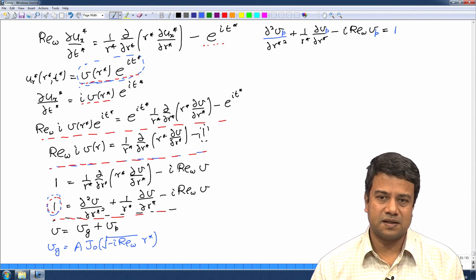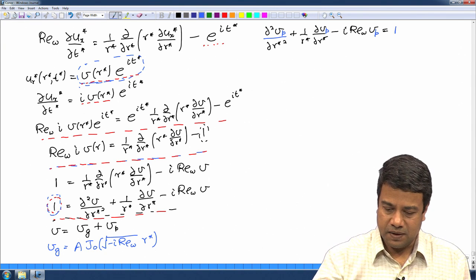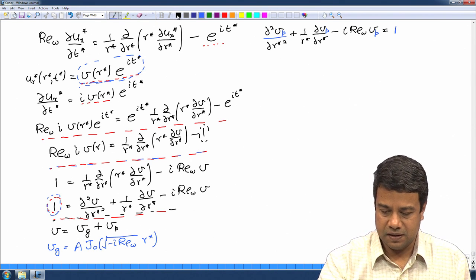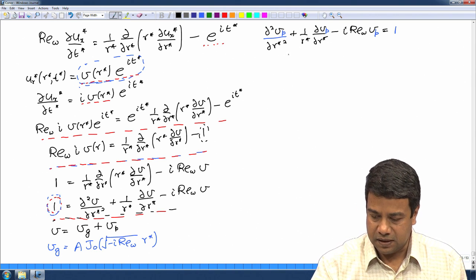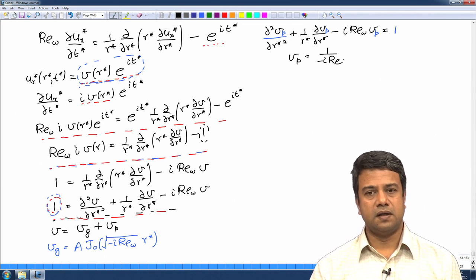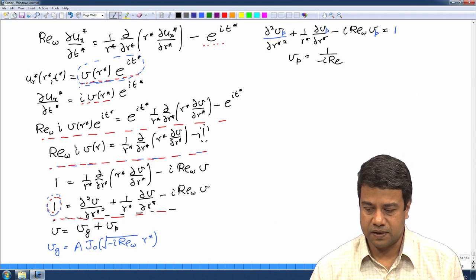In this particular case, a constant does satisfy this equation, because if the particular solution were just equal to a constant, these derivatives both will be 0, and I will get that V particular is equal to 1 by minus i Re. Note that i is the square root of minus 1.